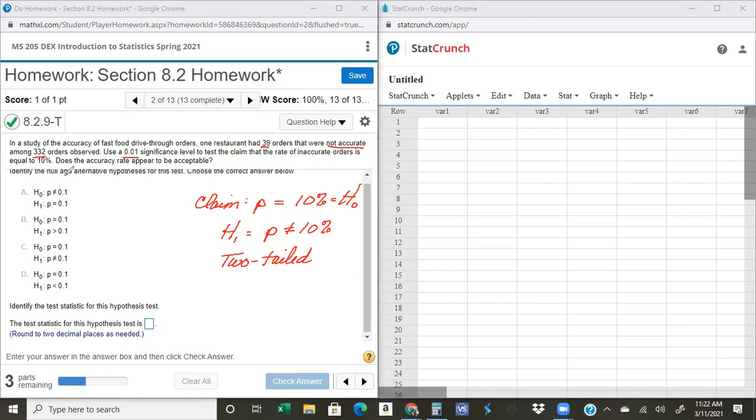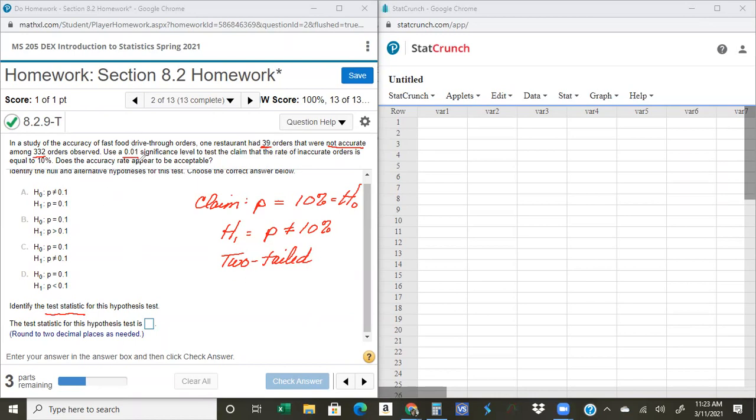If they say that X percent of 332 orders were inaccurate, which is actually giving us P cap. The way StatCrunch works, we have to actually put in the number. So just work a little bit backwards and take the percentage of N. So the test statistic deals with the numbers that came from the observed amount.